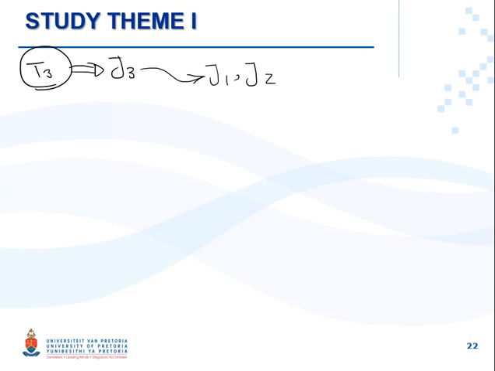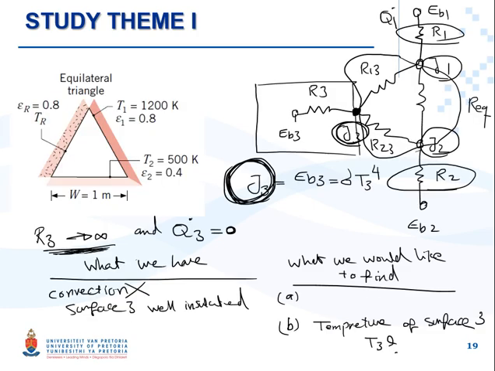So we can say that Q dot 1 is equal to EB1 minus J1 divided by R1. So the driving force in this area, divided by the resisting force.